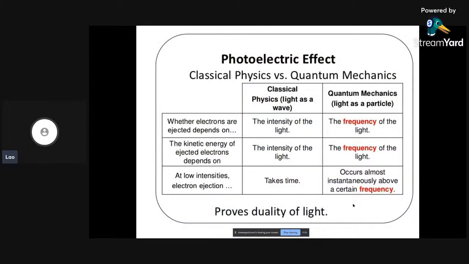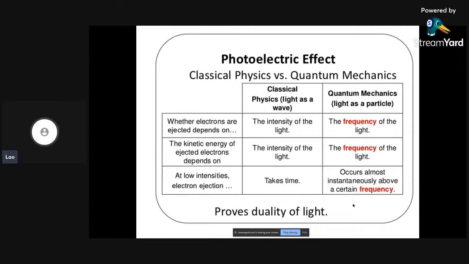So, okay, let us first differentiate classical physics from quantum physics. Okay, so we do have your classical. When we say classical, yung light is we consider it made of wave. Well, in quantum mechanics, the light is a particle. So, we have here whether electrons are ejected depends on, pag classical physics siya, intensity.